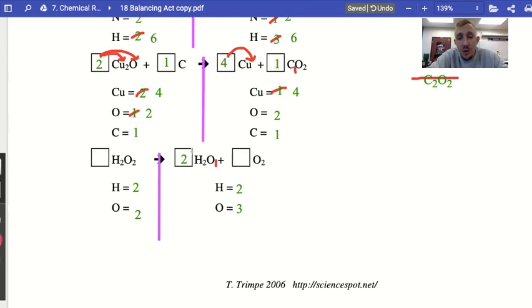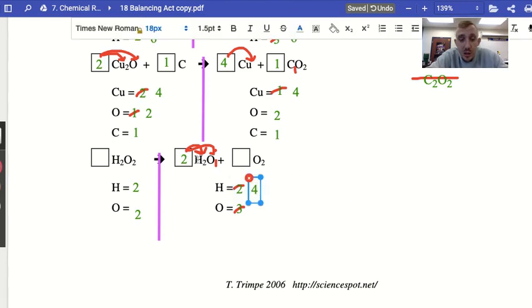And so what you do is you change your hydrogens and then you change your oxygens. I no longer have 2 and 3 for hydrogen and oxygen. I now have 4 hydrogens because 2 times 2, and I now have 4 oxygens, because 2 times 1 is 2, plus 2 is 4.